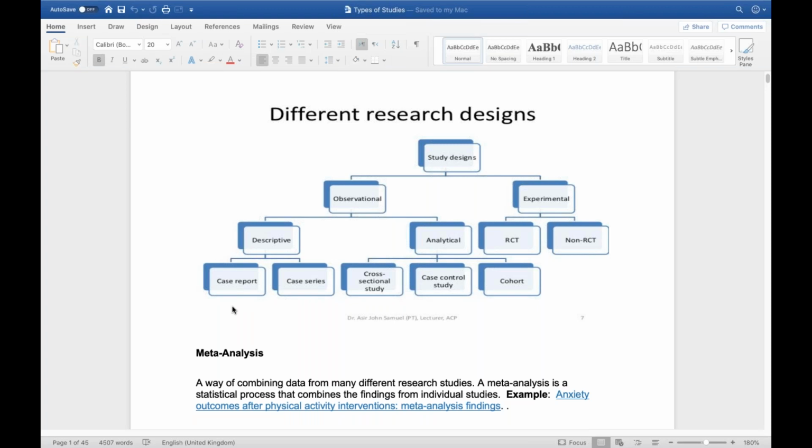Does anybody know what is a case report and what it entails? What does the case report involve? Yes, a case report gives a detailed history about a particular condition or a particular disease.